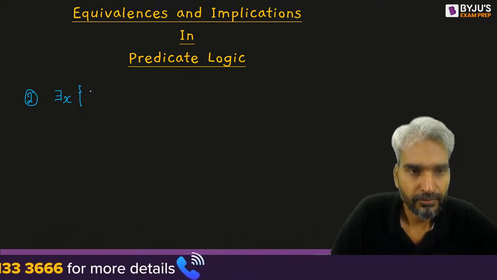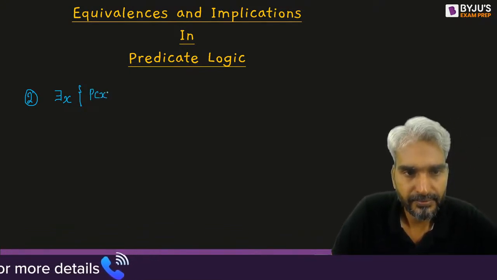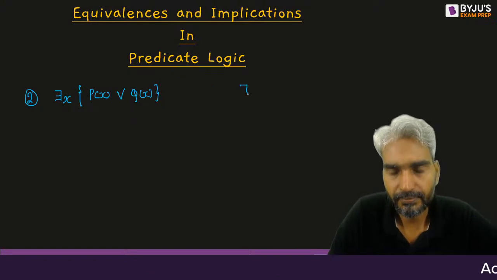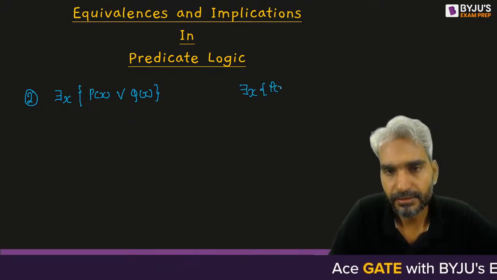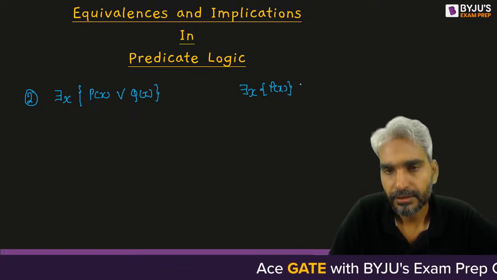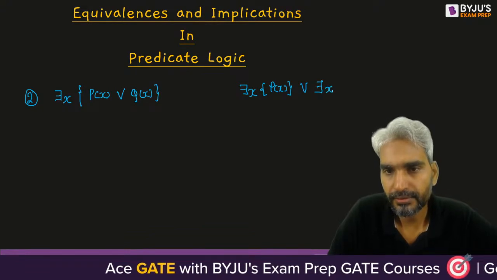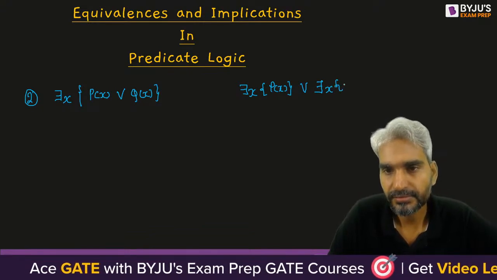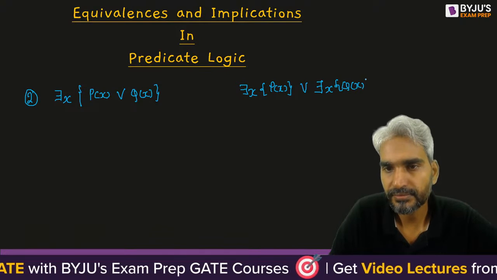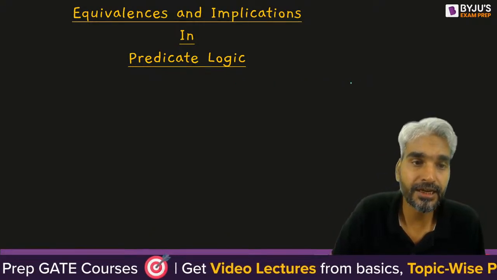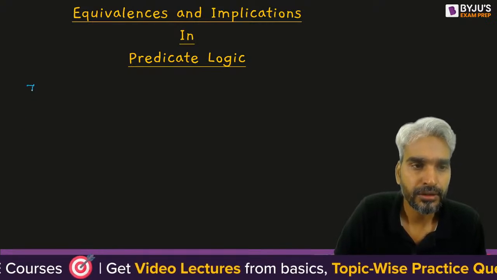So there exists x, P(x) disjunction with Q(x). There exists x, P(x), then you have distributed there exists x, Q(x). So this is with respect to disjunction. Now let's try to understand with respect to conjunction.